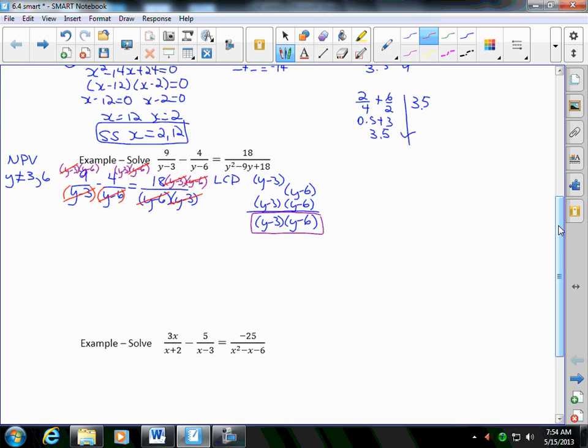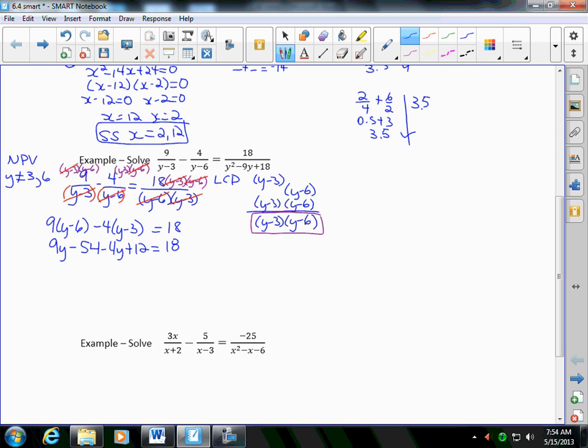So what I'm left with is 9 times y minus 6 minus 4 times y minus 3 is equal to 18. So I continue solving. 9y minus 54 minus 4y plus 12 is equal to 18.